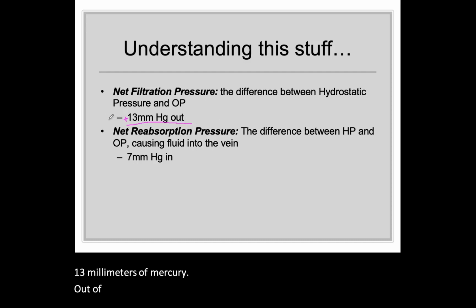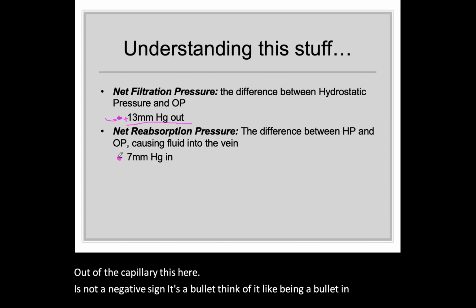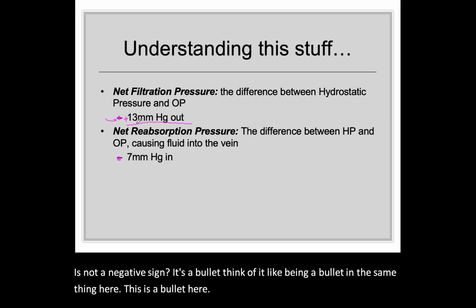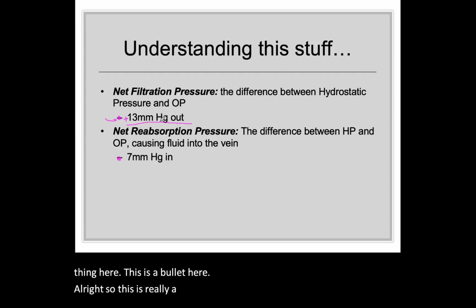All right. This here is not a negative sign. It's a bullet. Think of it like being a bullet. And the same thing here. This is a bullet here. So this is really a positive 13 millimeters of mercury out.